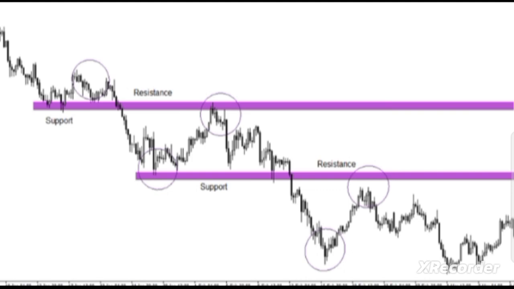It will start rebounding. Two things might happen. It will either rebound, go back, or it will start to consolidate. It will start to range. This is what a support level can give in the market, one of the key concepts in price action.